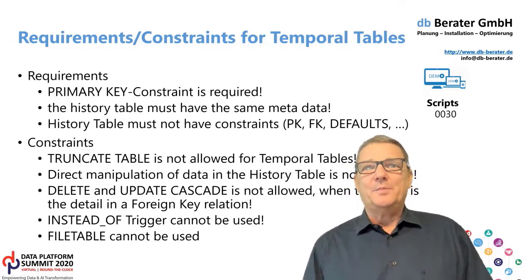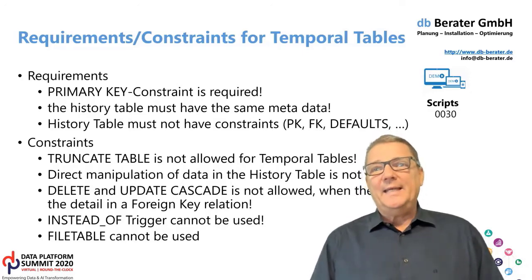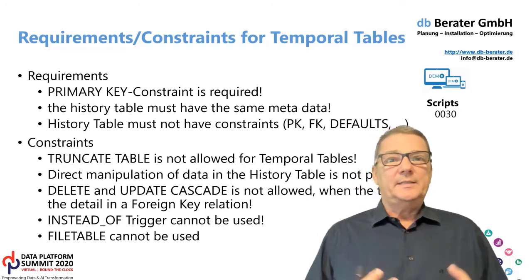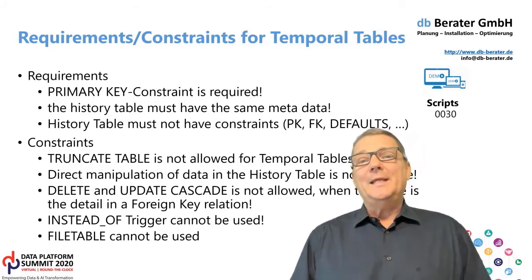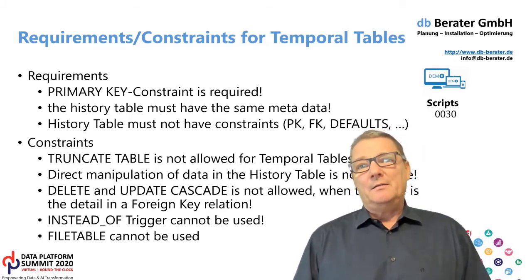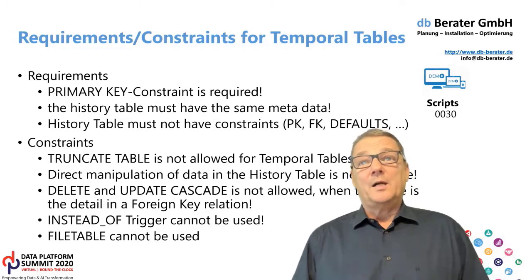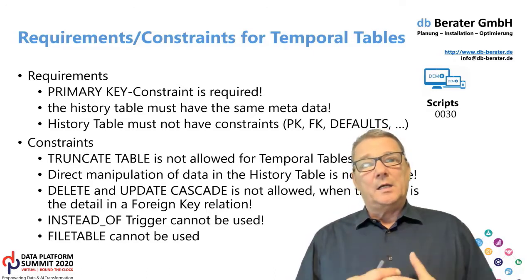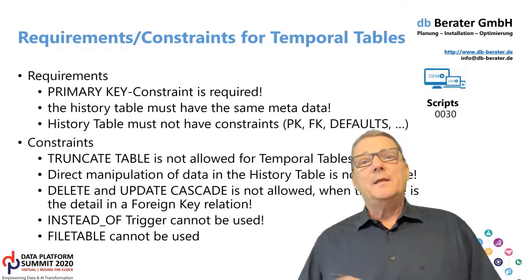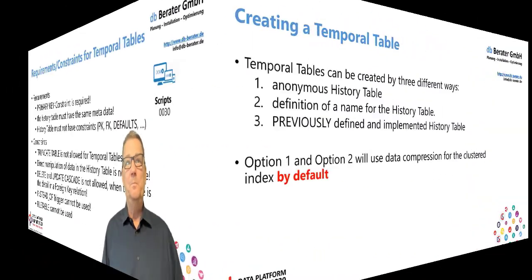It is protected by SQL Server. Update cascade is not allowed when a table is the detail table of a foreign key relation. You cannot use INSTEAD OF triggers in your regular tables when they are part of temporal table structures. FileTable, by the way, isn't allowed either, but I think that is clear because the data are not stored in the table, they are stored on the file system.